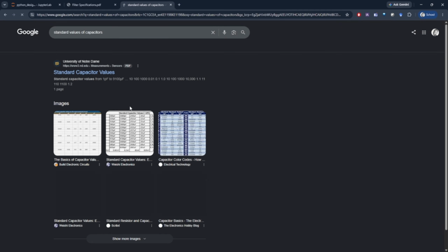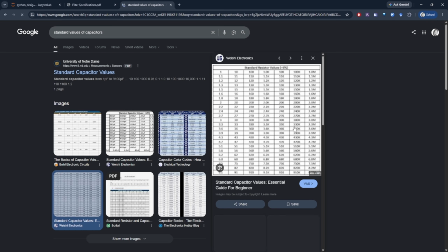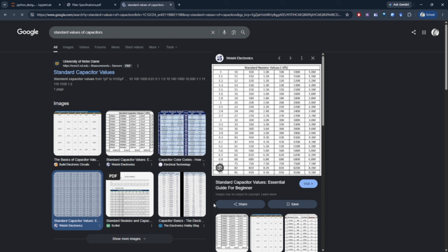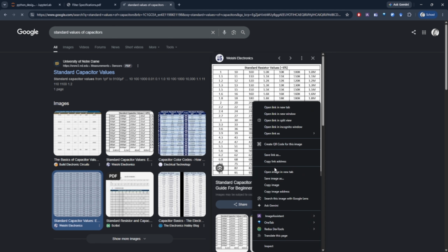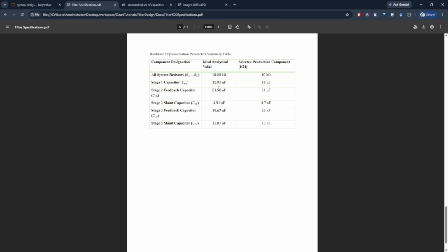If there's a table for that, let me use just this table here to show you how. Let me open it in a new tab. So these are the standard values. I got 15.92.